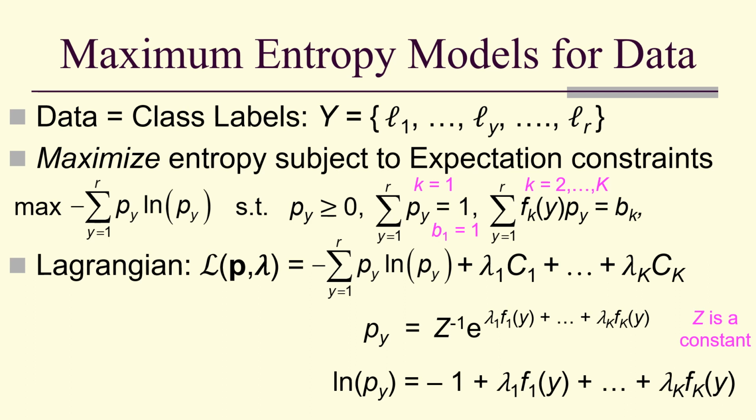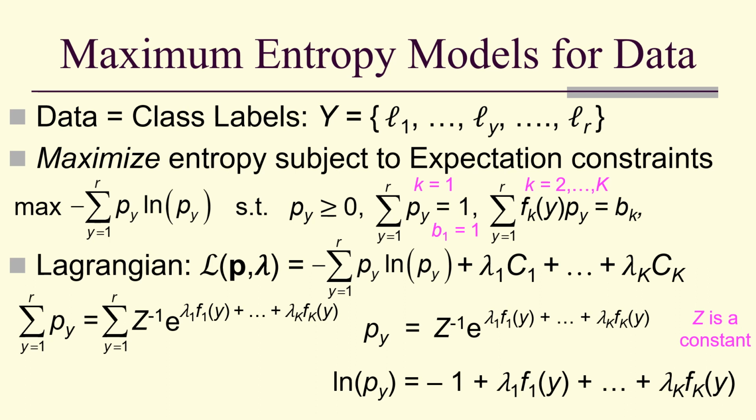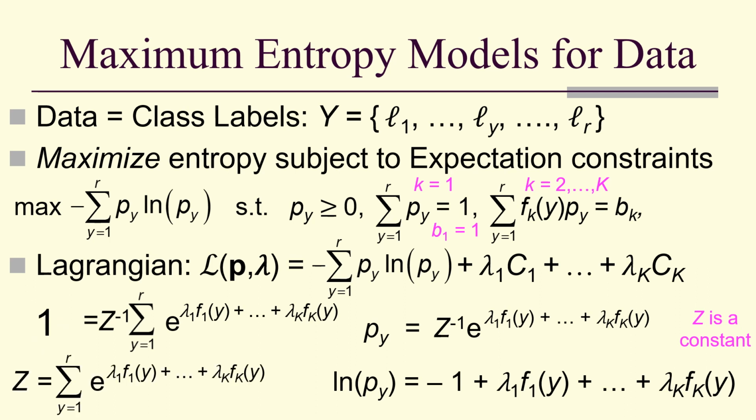Remember here z is a constant. So I'm going to find 1 over z. And to do that, I notice that the sum of the P sub y's is going to be the sum of the z inverse, e to this linear combination. But that sum can be interchanged with the z inverse, and the sum of the probabilities is just 1. So that means my z is the sum y equals 1 to r of e to the lambda 1 f1 of y up to lambda sub k f sub k of y.